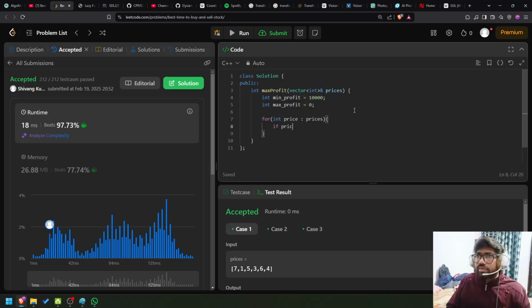If price is less than min price, then we update the min price equals price, and then I'll say that okay, it is better to put it in a bracket.